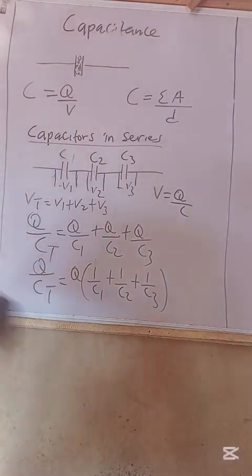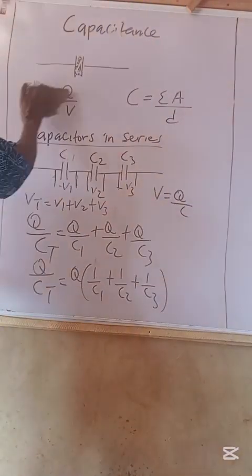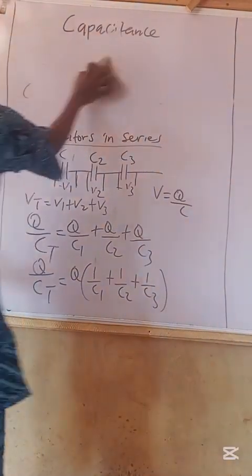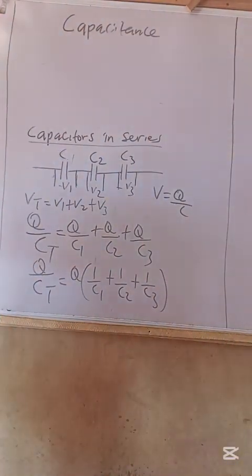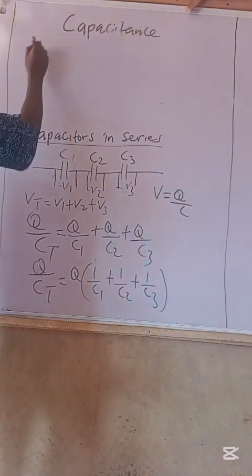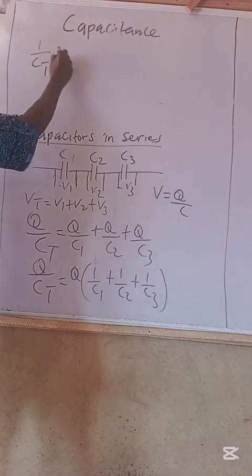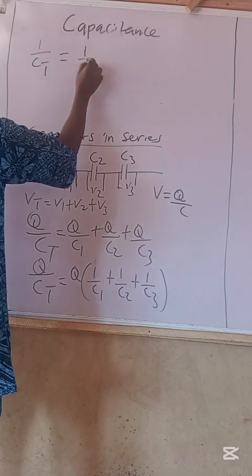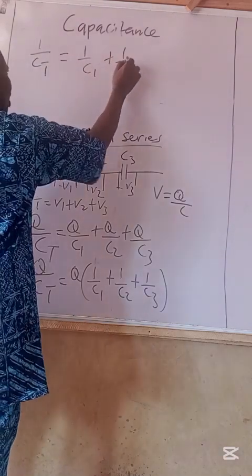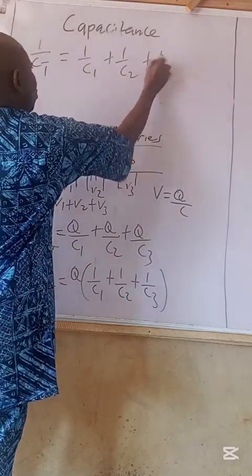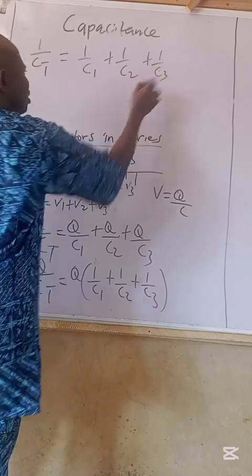Now, if you do mathematics very well, you can see that Q will cancel Q, which means we have 1 over C total is equal to 1 over C1 plus 1 over C2 plus 1 over C3.